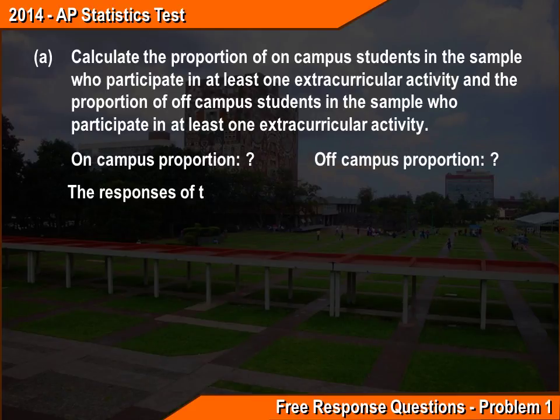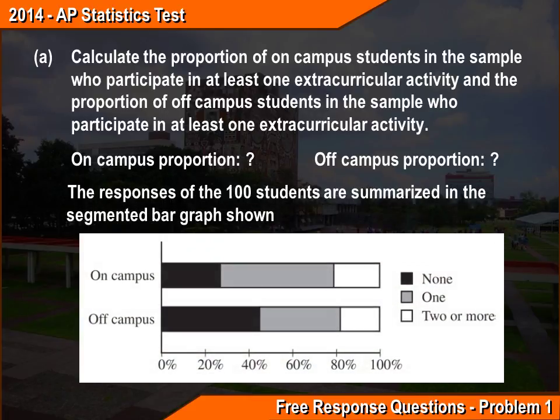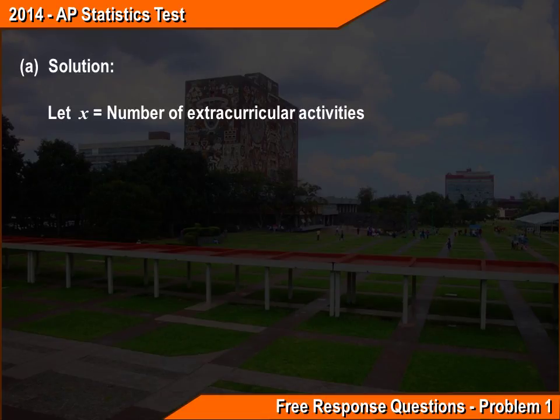The responses of the 100 students are summarized in the segmented bar graph shown. Let the variable x represent the number of extracurricular activities students participate in. The proportions we have to calculate are equivalent to probabilities.